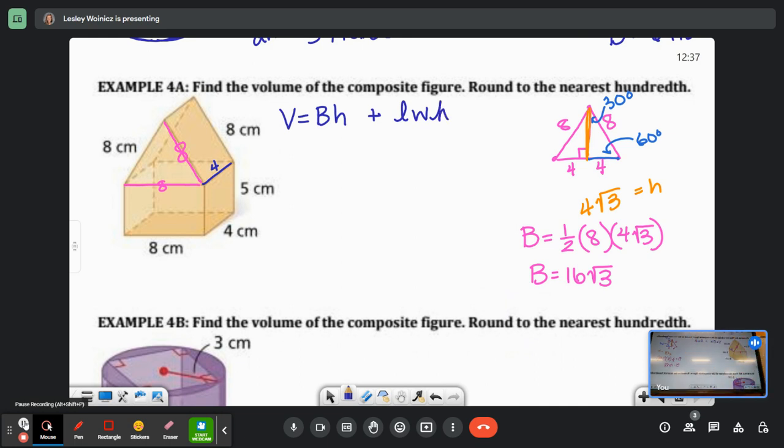Everybody okay with that? Because I have to add those two together. Okay, so our base is the 16 root 3 times the height of 4, plus the length of 8, width of 5, and height of 4 for our rectangular prism.